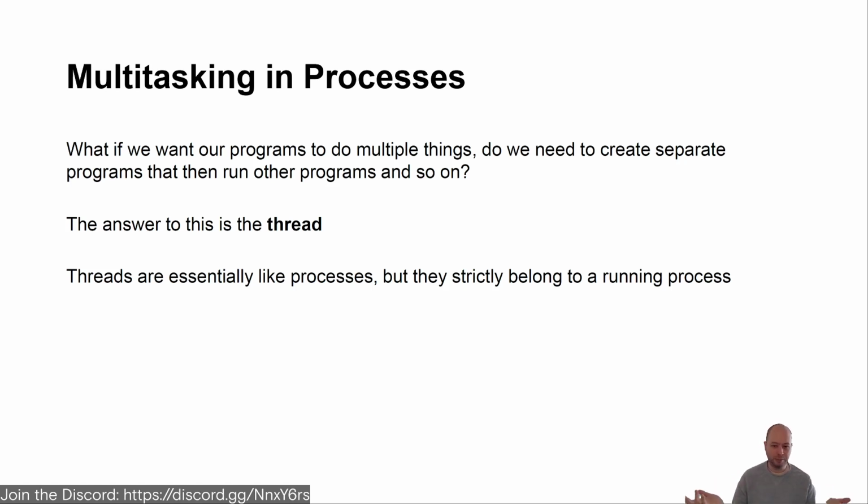Threads are essentially like processes, but they strictly belong to a running process. One of the key differences between a process and a thread is that a thread shares the same virtual memory and the same memory layout as its process, meaning processes can't share memory particularly easily. You can, but inter-process communication is kind of a headache.